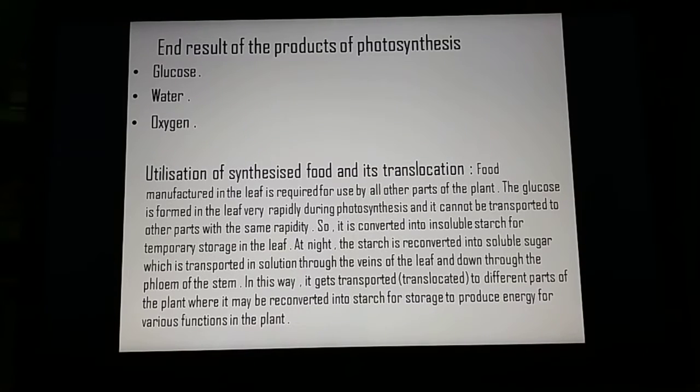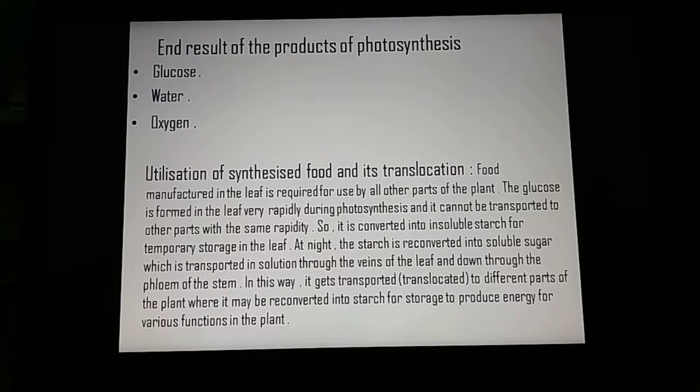Now, utilization of synthesized foods and its translocation. Food manufactured in the leaf is required for use by all other parts of the plant. The glucose is formed in the leaf very rapidly during photosynthesis, and it cannot be transported to other parts with the same rapidity. So it is converted into insoluble starch for temporary storage in the leaf.